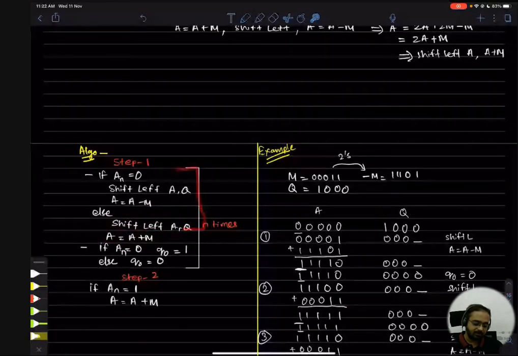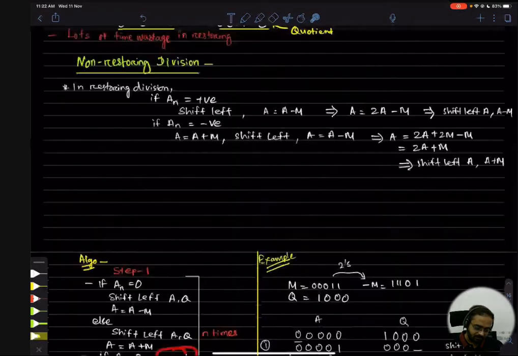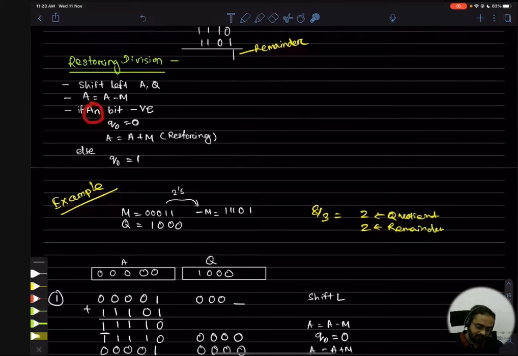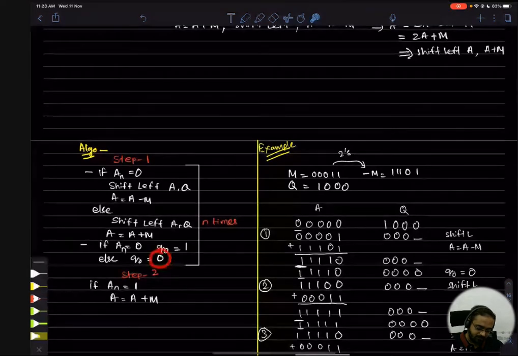Then we have to set the q0 bit also. The q0 bit will be set based on the previous method. Whenever A n is negative, q0 value is equal to 0.